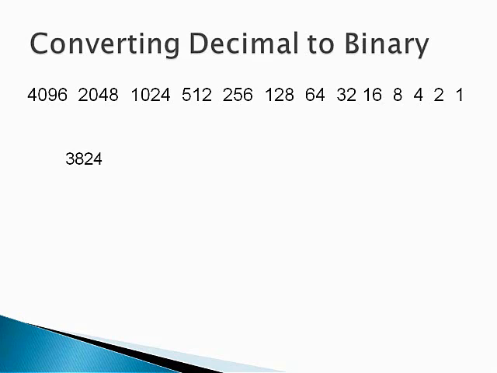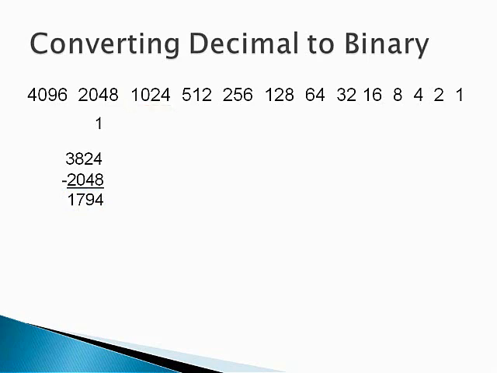We go higher than this number, knowing that we cannot exceed 3,824. But we can take the 2,048 and subtract it from the 3,824. So we place a 1 under the 2,048 and subtract it from the 3,824. That leaves us a total of 1794. Then we look at the next column value over.